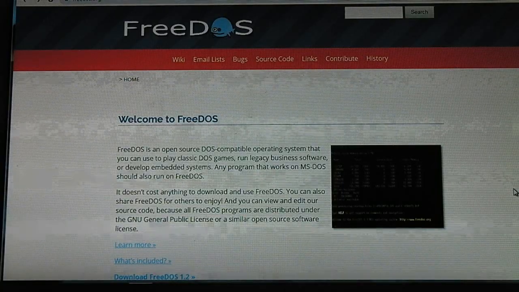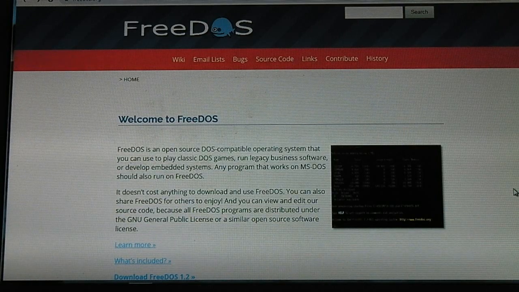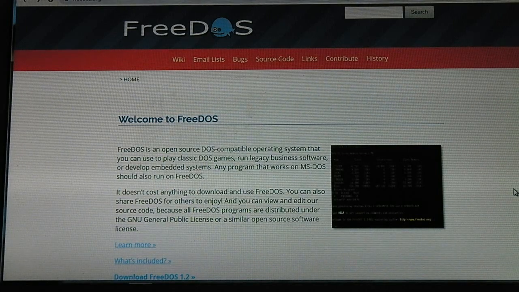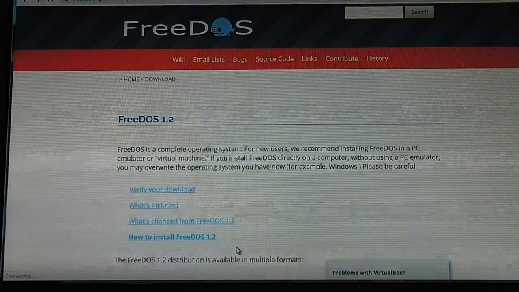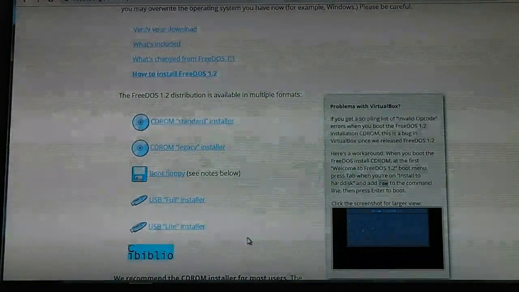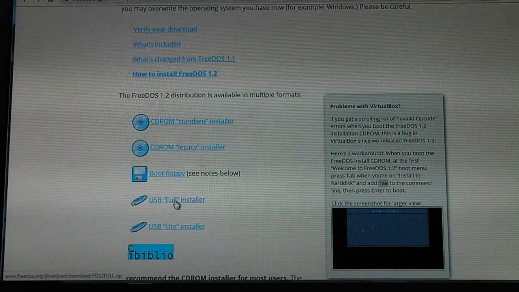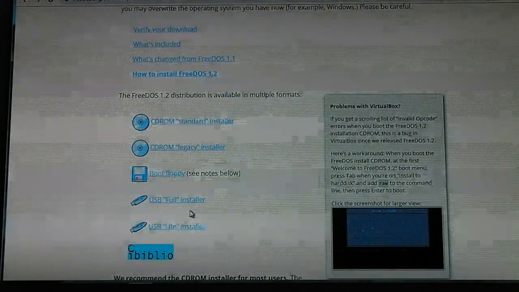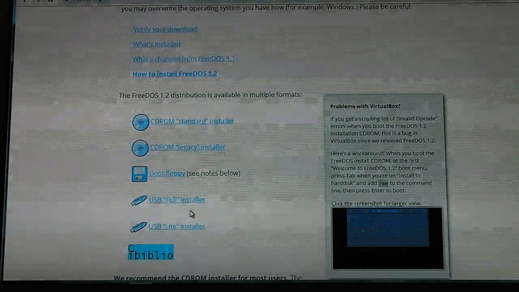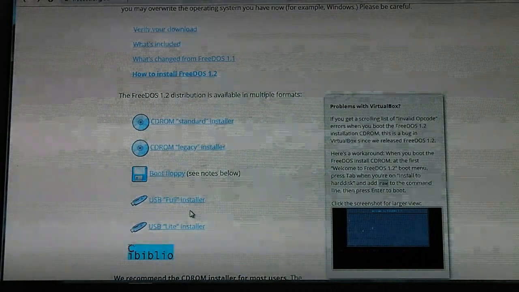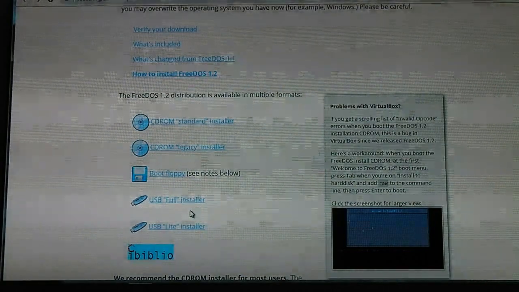FreeDOS is an open source operating system which supports the MS-DOS application programming interface, and as its name implies is available free from the FreeDOS website. The one that I used was the USB stick full installer, which includes both the operating system, a range of games, programs and other useful programs, including BW Basic.